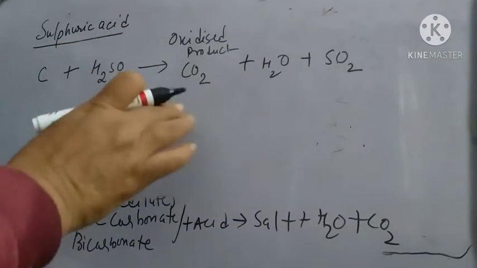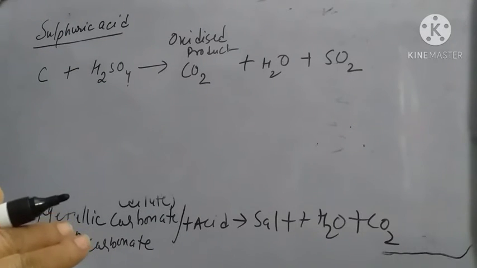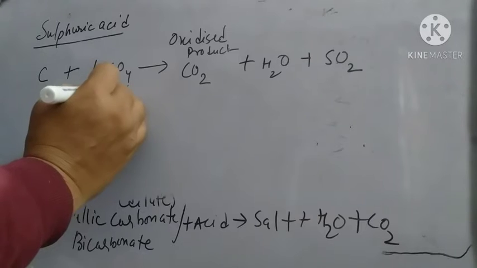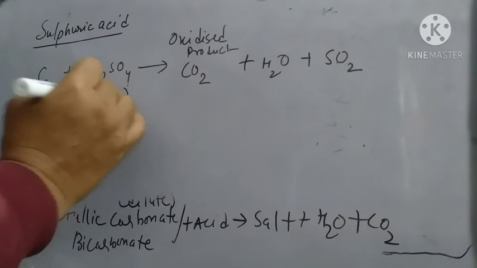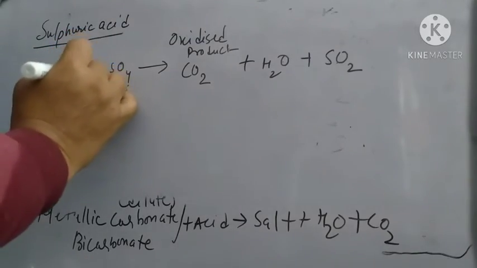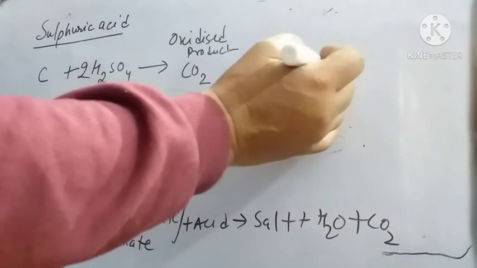So what is the oxidized product over here? That is your carbon dioxide. Now after this we are going to balance, and here we are going to write down the acid whether it is concentrated or dilute. So we are using concentrated sulfuric acid as an oxidizing agent. After balancing the equation we will get the equation like this.